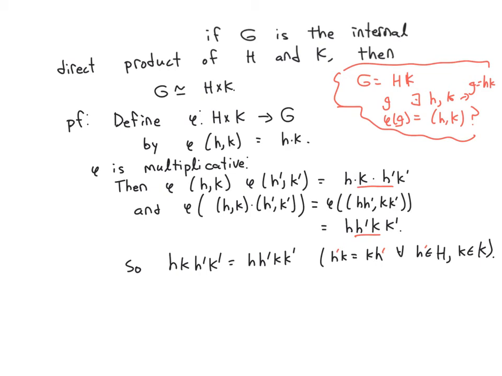Note that this is not what I would expect as a final draft for a proof. This is what you call thinking out loud. I should have a "let (h,k) be in H×K, let (h prime, k prime) be in H×K," and I would probably go rewrite this.